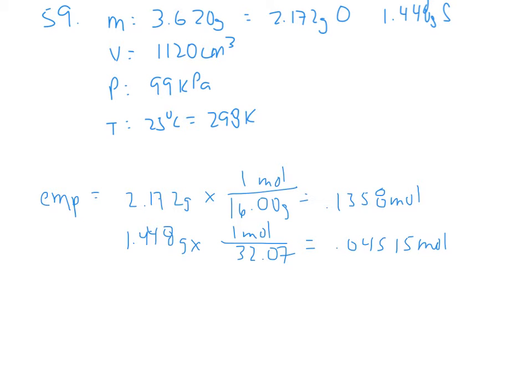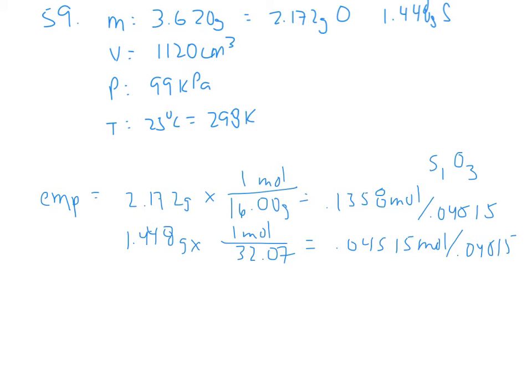So now I can figure out my empirical formula, because if I divide each of these by the smaller, 0.04515, I'm going to get S1, and O, it appears, is going to be about 0.1358 divided by the 0.04515, 3.007. So yeah, my empirical formula is just SO3.